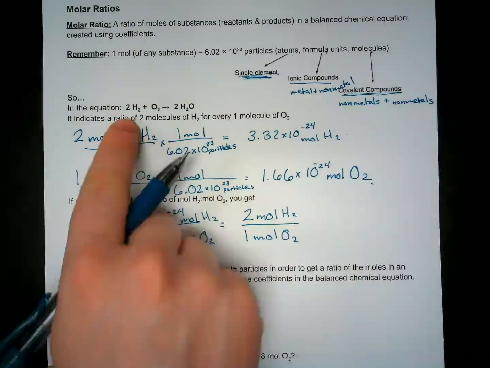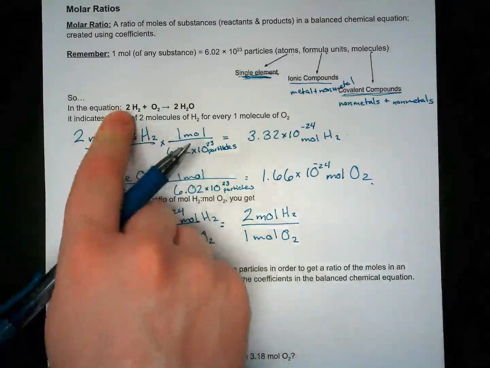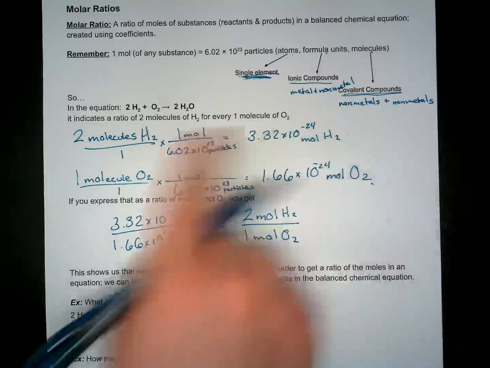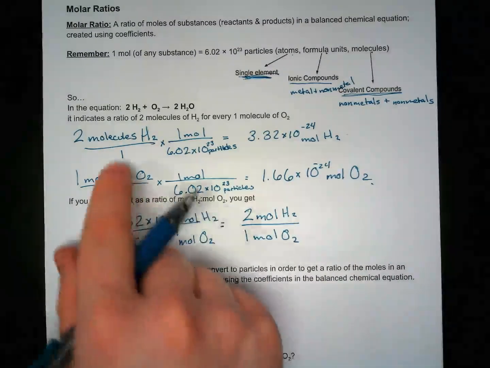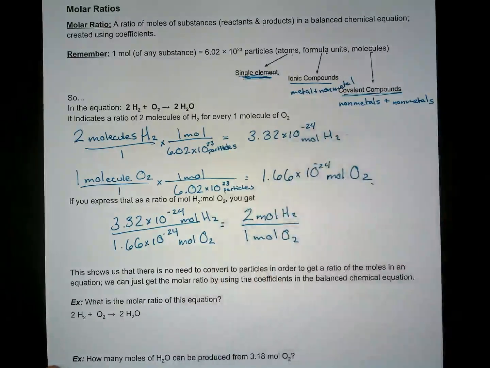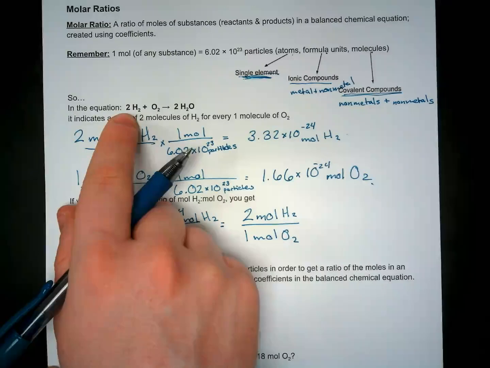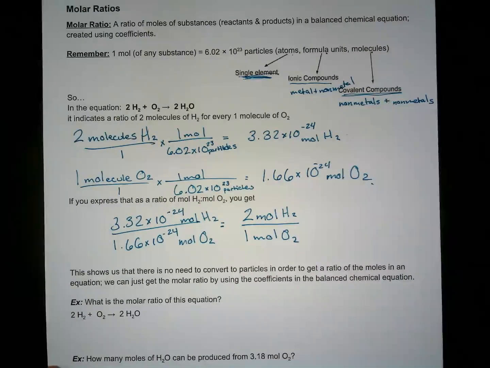Because our ratio matches what we see in our balanced equation, we don't have to do this. We can just use the coefficients found in the chemical equation to convert one substance to another, which is pretty much what we're doing here.